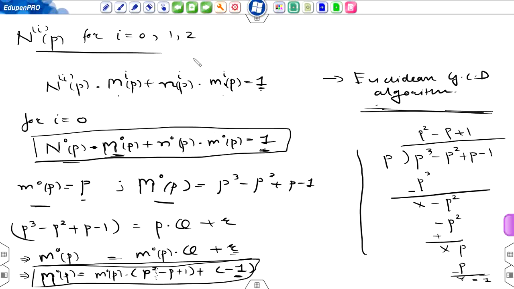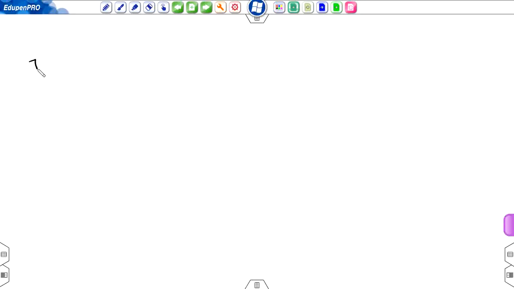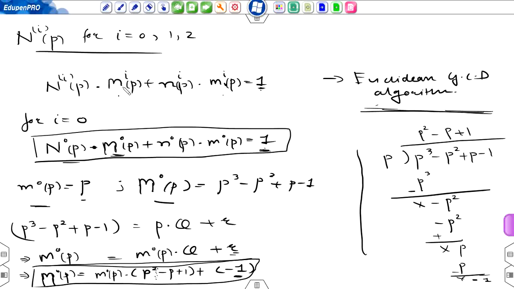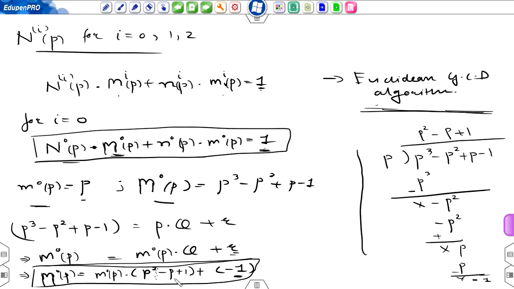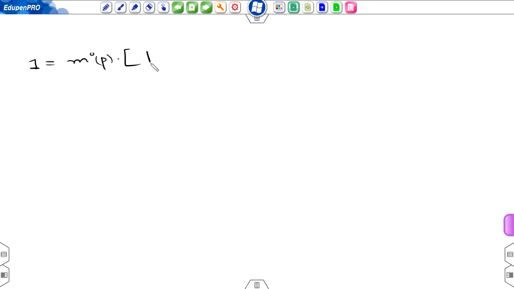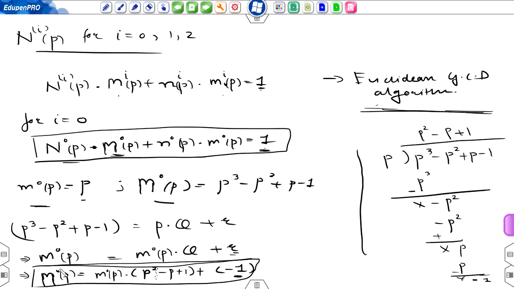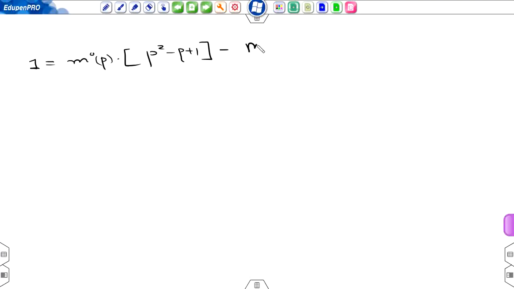Okay, so rearranging the equation, I have 1 is equal to m0p multiplied by p square minus p plus 1, and taking capital M0p on the right hand side, minus M0p.